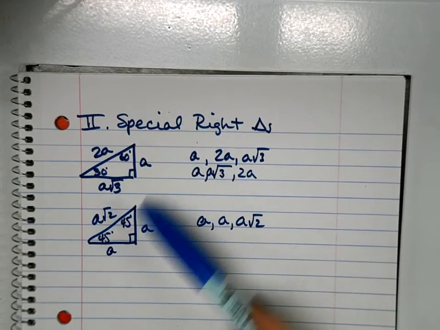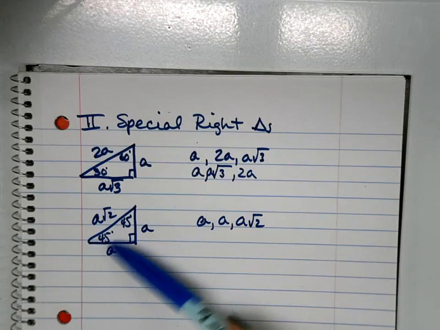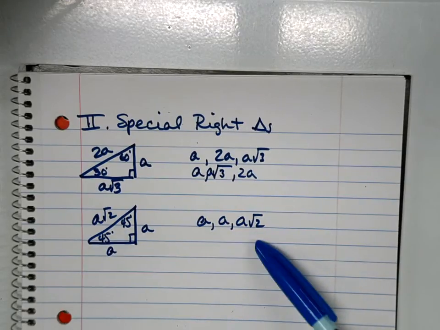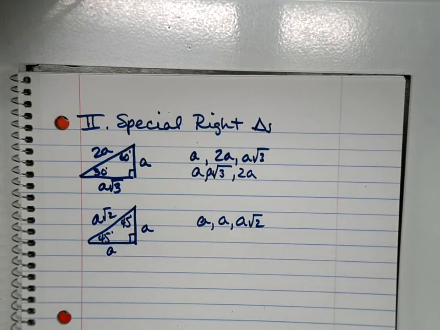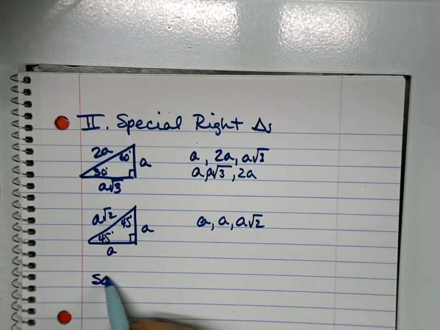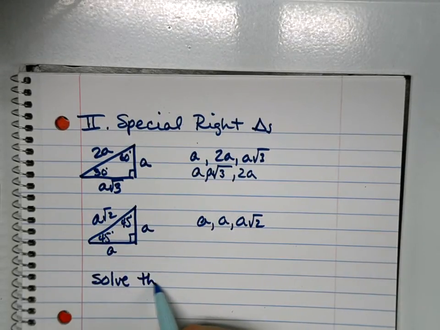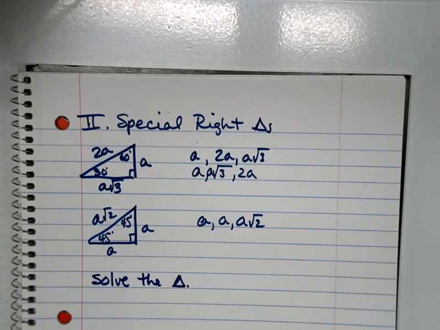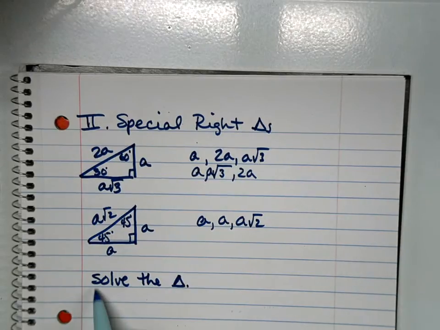Here you only have 2 different angles, a 45 and a 90, so only 2 different measurements. Now solve the triangle. If it asks you to solve the triangle, that means find absolutely everything that's not labeled, angles and sides.